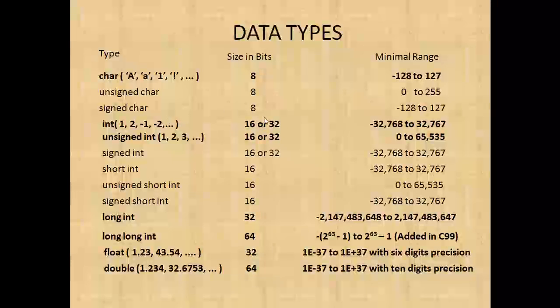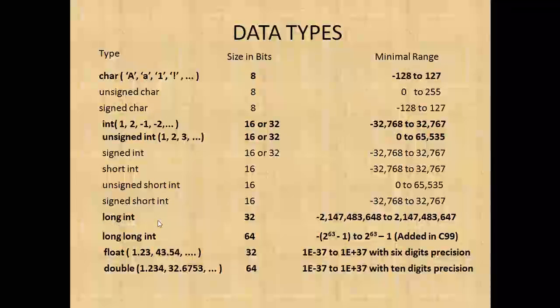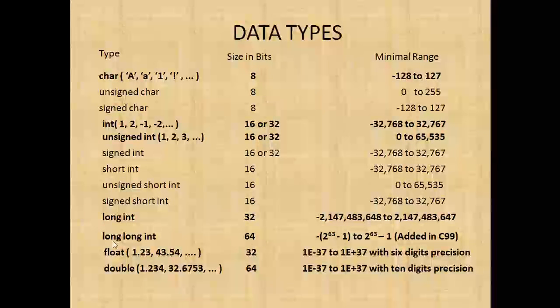So if a compiler represents it as 16-bit, then to represent an integer with a greater range, long int can be used, and long int has a greater range of 64-bit. So these are just the varieties of the integer format.